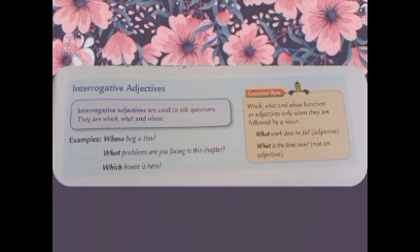So if whose, what, which are followed by a noun, they are interrogative adjectives. See, what work does he do? So here, what is followed by a noun, work. So it is an interrogative adjective.